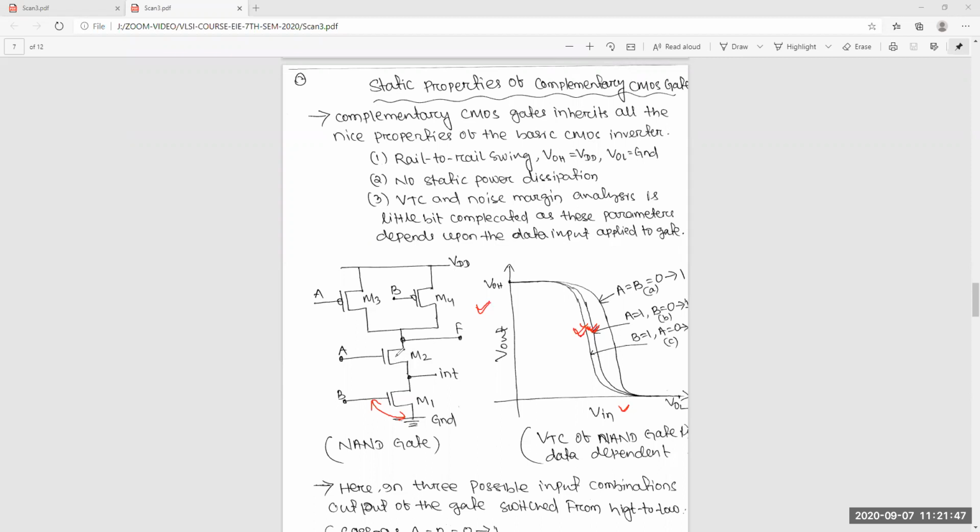Exactly. That means the threshold voltage of this transistor will change. There is some voltage here, so VSB, source to body, is a positive voltage. So what will be the threshold voltage of this M2?